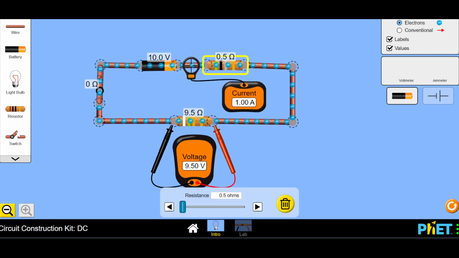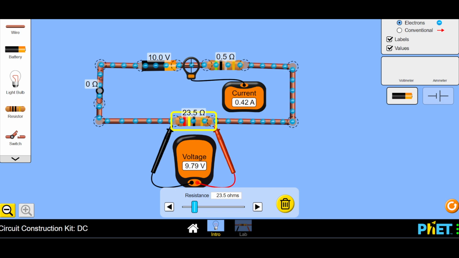If by any means the internal resistance were to increase, then you can see that the current starts decreasing. Just like a series circuit, if the total resistance increases, the current decreases. Similarly, if the internal resistance remains low and you start increasing the resistance of the external load, then the current starts decreasing again.